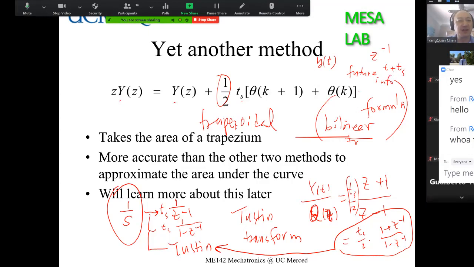You don't have it yet. You are not a fortune teller. If you want to take action, you should use the current information and previous information. You are not going to use future information. It's not available to you yet. If you use future information, that's called non-causal.